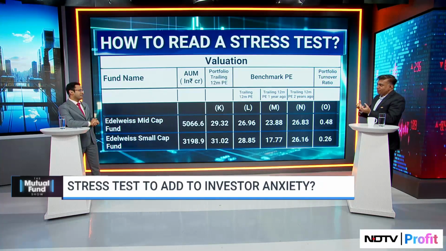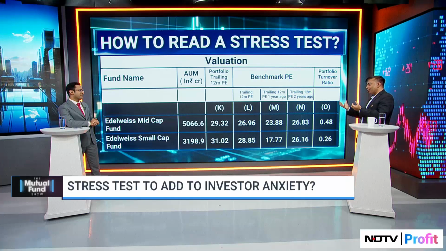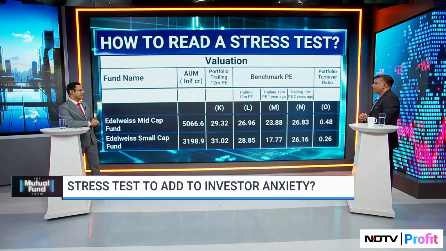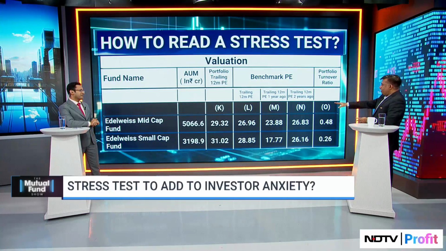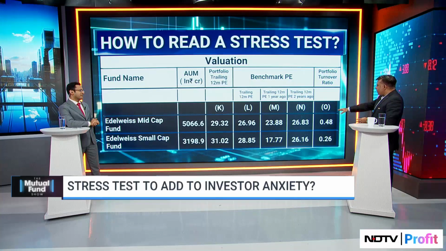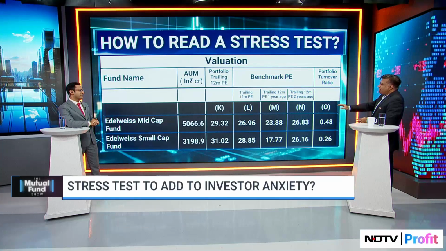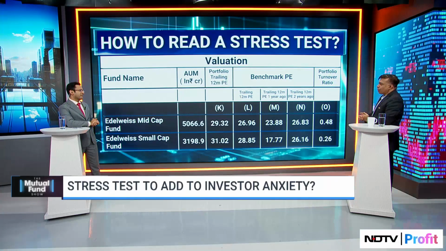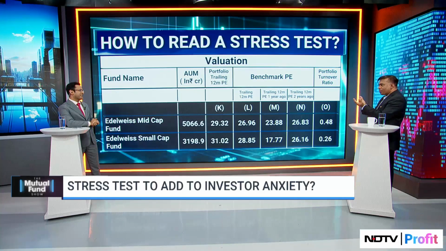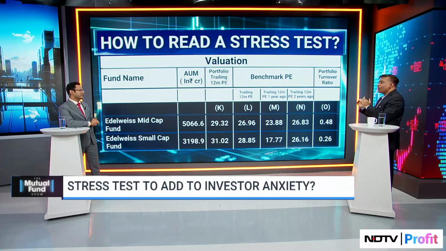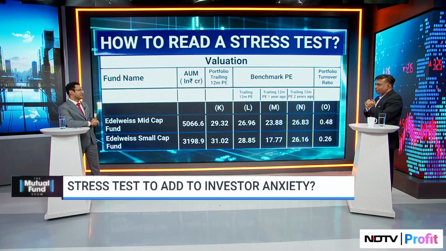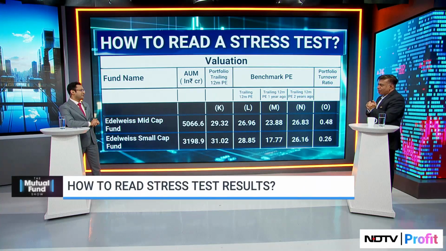You don't want a very conservative portfolio, you don't want a too aggressive portfolio. And that's where a balance is achieved when you have a portfolio PE which is more in the mid-20s overall, that is in sync with the benchmark PE overall. So if your benchmark PE is similar to that of the portfolio PE, broadly you are not taking more risk than that of the benchmark, but still you are able to deliver better returns.